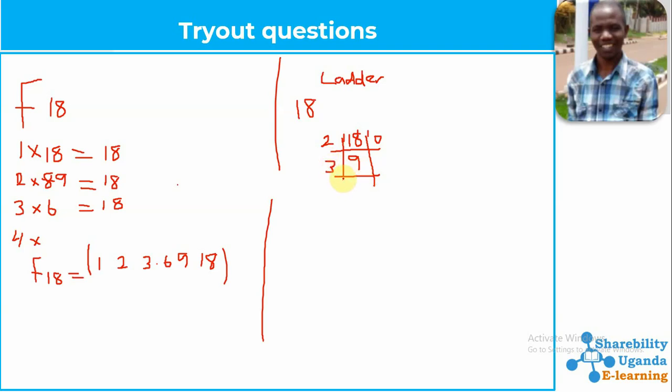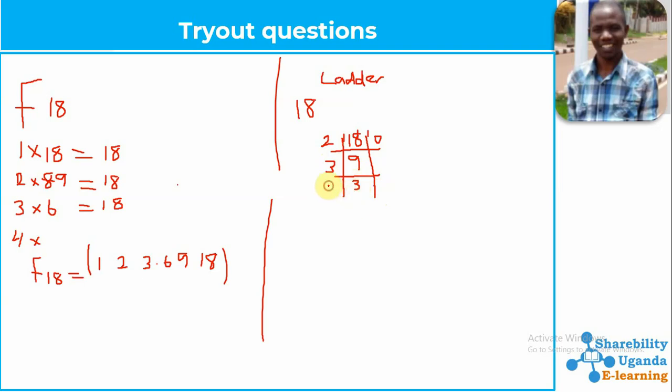When we divide our 9 by 3, we shall be able to get what? Someone with an answer. What is 18 divided by 2? We get 9. Then 9 divided by 3, we shall get our 3. Then which other number can we divide 3 by and not get a remainder?